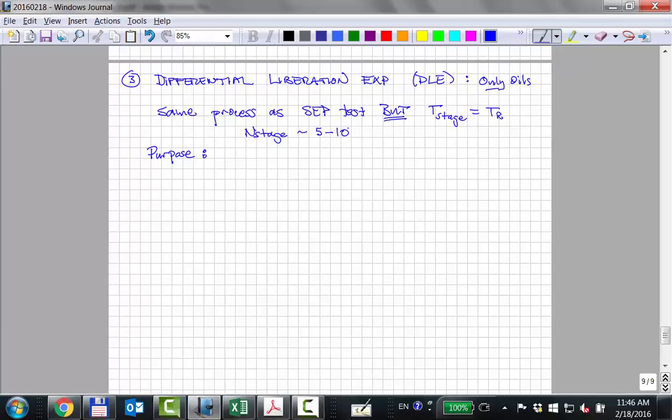If it's a high bubble point, it might be 7, 8, 9, 10 stages. 10's probably pushing it, but the real purpose of this experiment is to first study the reservoir oil. It's going to take too long. We don't have enough time. So, it's to study how the oil density varies as a function of pressure below the bubble point.